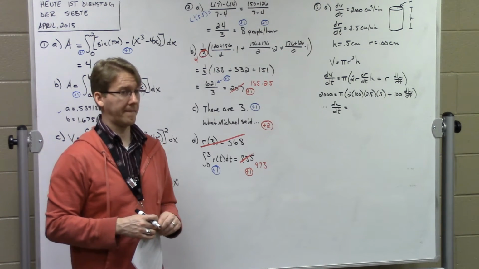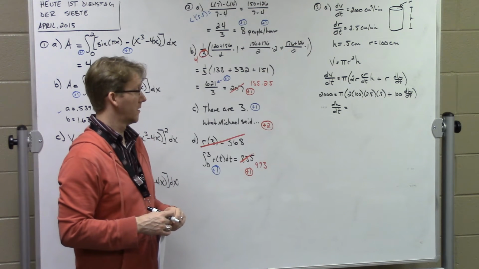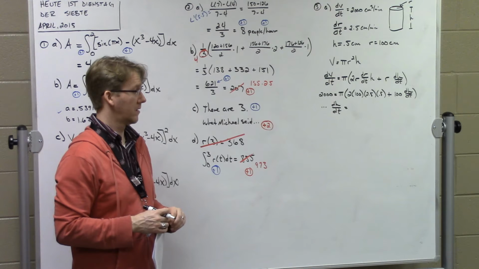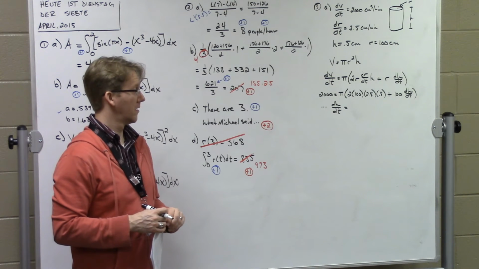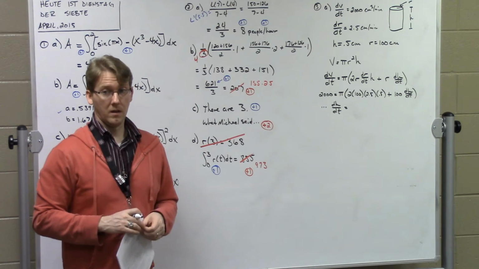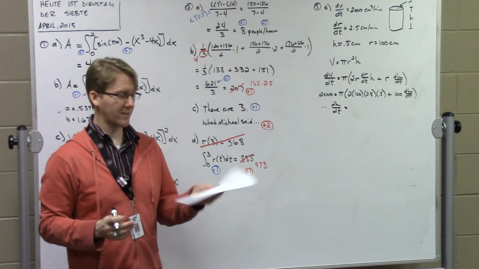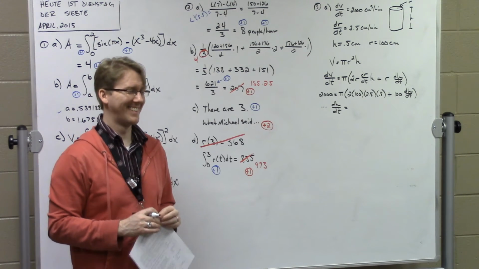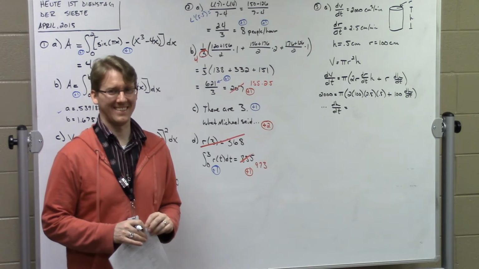Okay, I got 250 pi plus 100 dh/dt pi equals 2000. Yeah, do 100 dh/dt pi if you're going to. I have the answers, not you. That's not good.